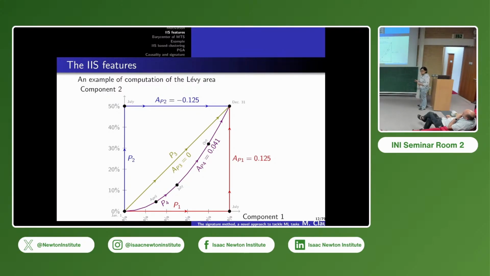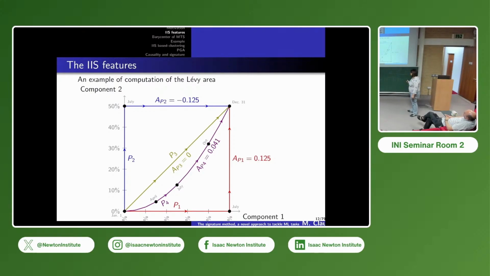Just to understand, it's an example. You choose x1 equal to t, and x2 is 0, constant. And then you begin to compute. In each case, I compute this skew symmetric part of the signature.